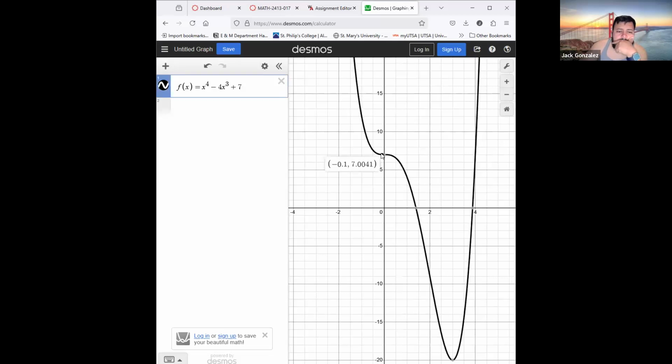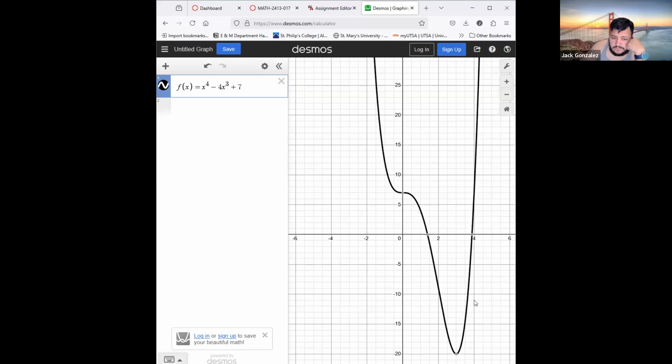Here's our graph. So it looks like this is our inflection point, and then here's our minimum. Concave up, then down. Interesting.